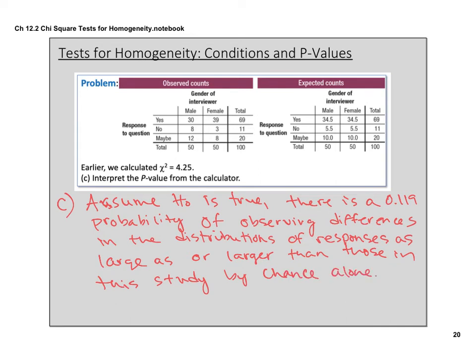So what we're saying is that this is the probability that there was a difference. So if we were to do this again with any other subjects that are like the ones in the study, we have this probability of observing differences as large as or larger than the ones in this study just by random chance alone.